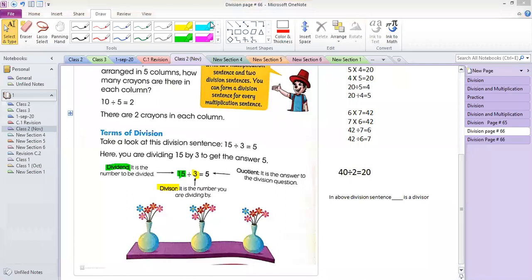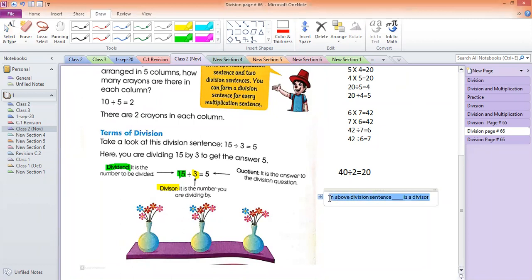I repeat for you guys again. I'm erasing this now. Let's suppose it is 42 divided by 6 equals 7. This is the division sentence. What is dividend? Dividend is the number which you have to divide. You are going to divide 42 objects into 6 equal groups, so in every group there will be 7 objects.